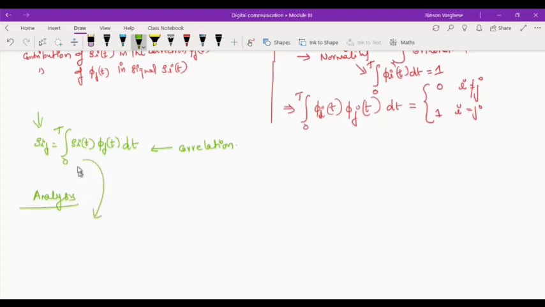Analysis is where we find the correlation between the signal at hand and the basis function.